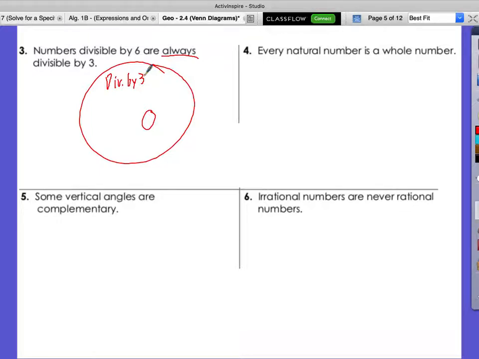No. Is 6 divisible by 3? Yes. 9, only divisible by 3. 12, both. 15, only 3. 18, both. We're saying all numbers that are divisible by 6 are automatically divisible by 3. If it's divisible by 6, we know it's divisible by 3. It has to be. You cannot come up with a number that's divisible by 6 and not divisible by 3.